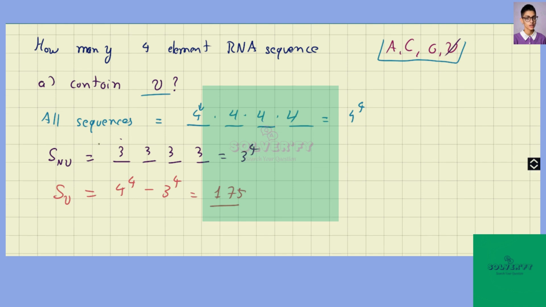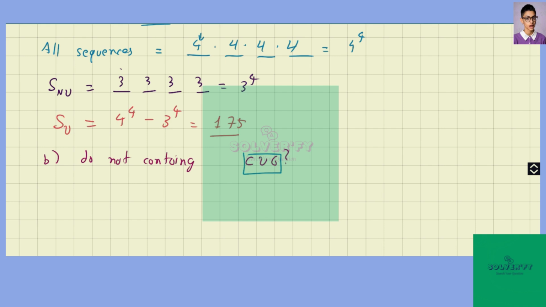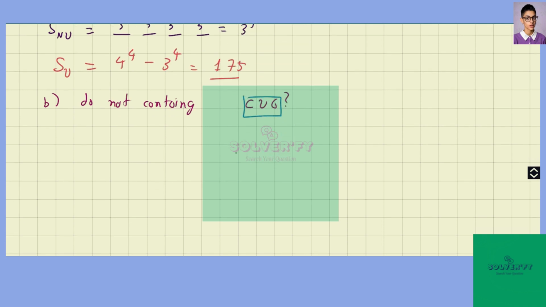Great. Now we need to count all those sequences that do not contain the following subsequence, CUG. That means we need to avoid having these 3 consecutive letters in our string. But again, we're going to use the same procedure as before.